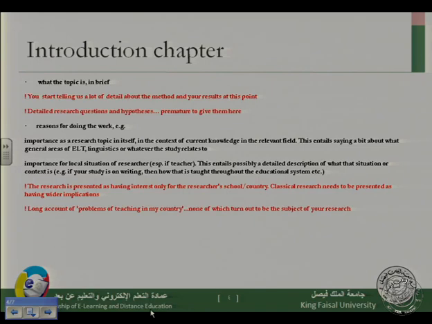A long account of problems of teaching in my country, none of which turn out to be the subject of your research. Let's go back to the example of language acquisition. You tell us about the teaching context in your school, and then you talk about all the problems in teaching.